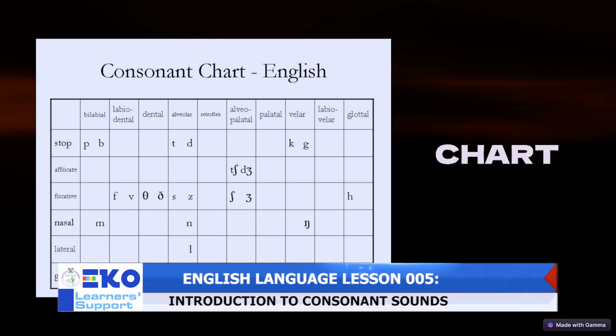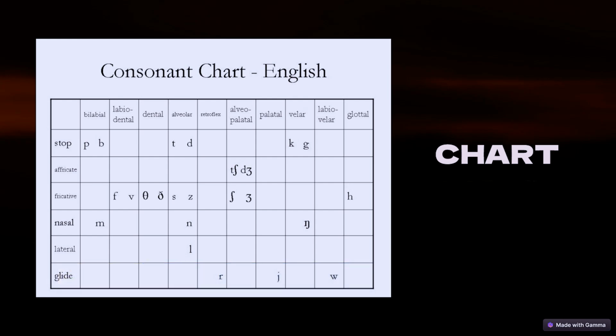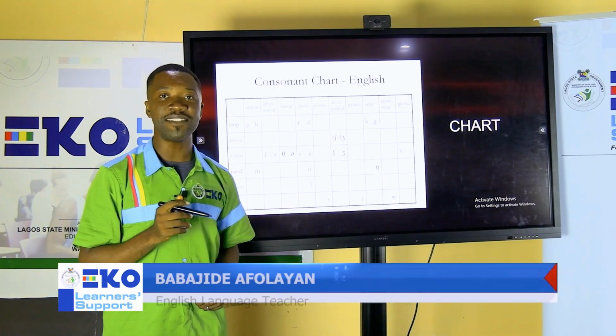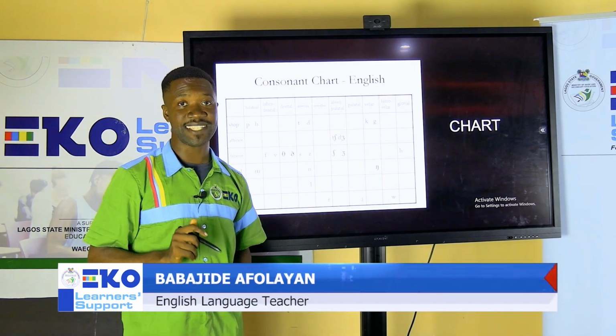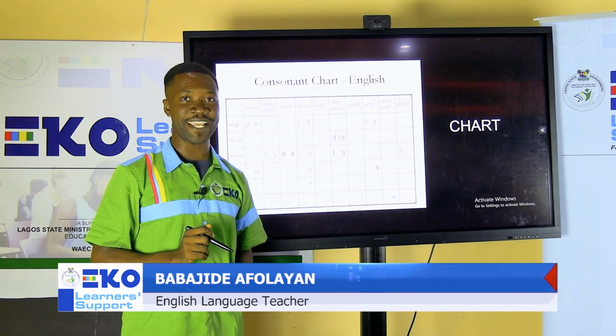We have different sounds on the chart being represented by the state of the glottis, the place of articulation, and the manner of articulation. When we talk about the state of the glottis, we talk about the voiced and the voiceless sounds, which I just explained.